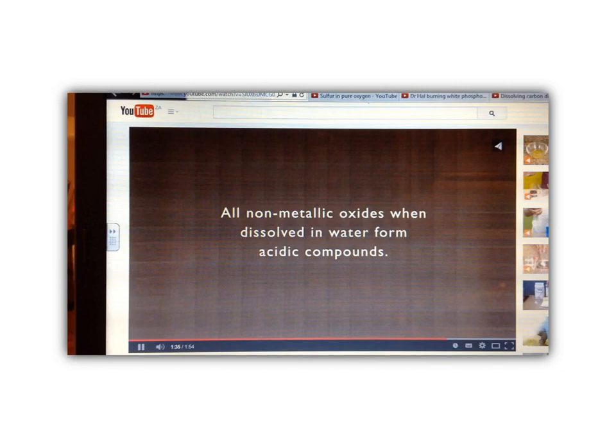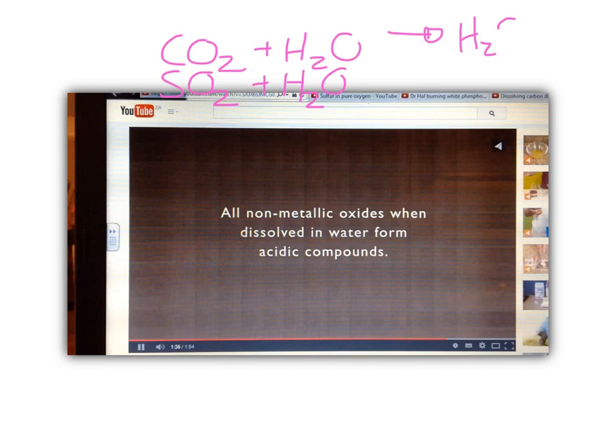So we land up forming carbon dioxide and sulfur dioxide. When it rains, they dissolve in water and they form carbonic acid and sulfurous acid.